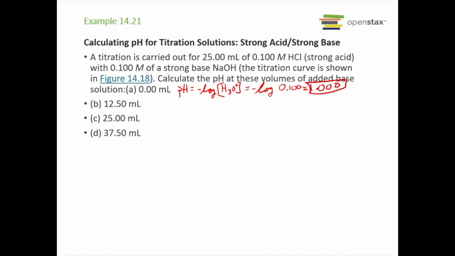We can tell this because if we look at 12.50 milliliters of base, times 1 liter per 1,000 milliliters, times 0.100 moles of sodium hydroxide per 1 liter, let's punch this into the calculator: 12.5 divided by 1,000 times 0.1.